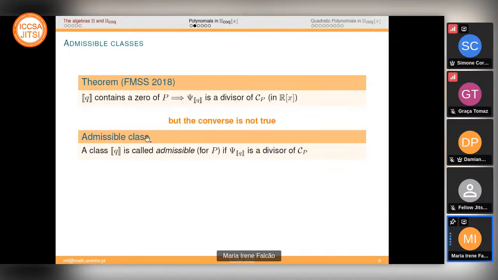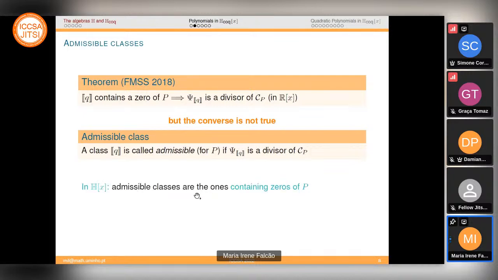And this motivates us to introduce the definition of admissible class. A class is called admissible if its characteristic polynomial is a divisor of the companion polynomial.